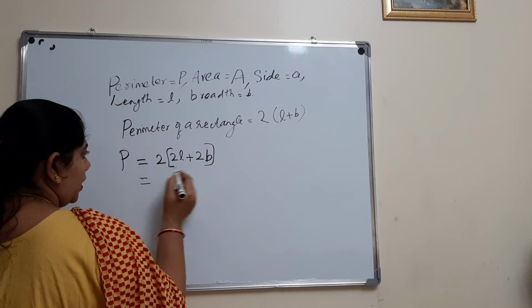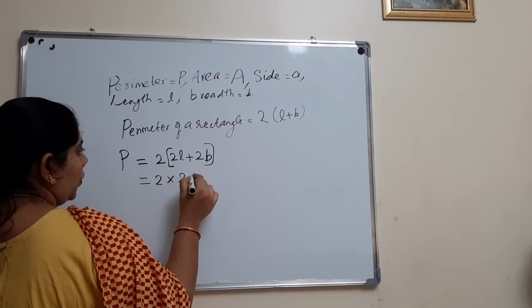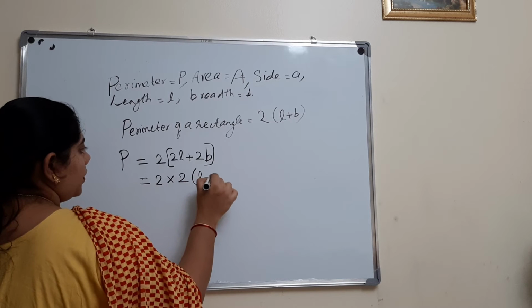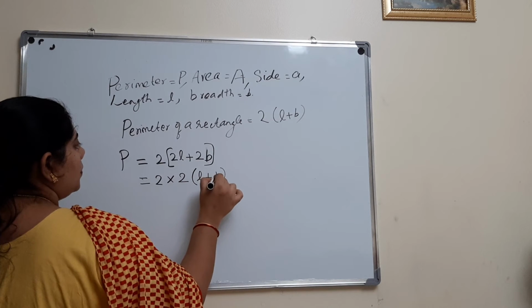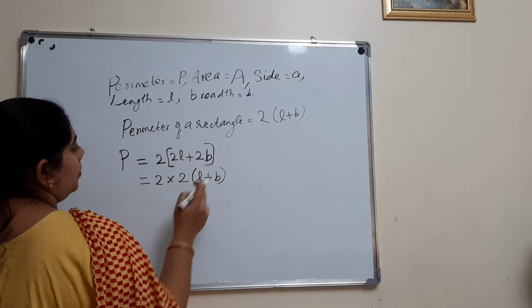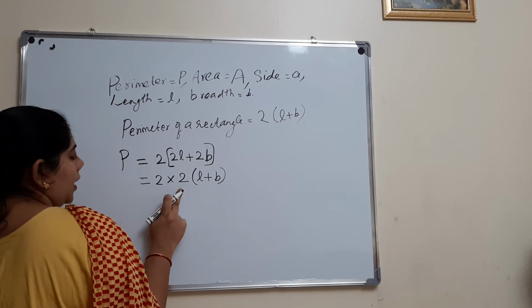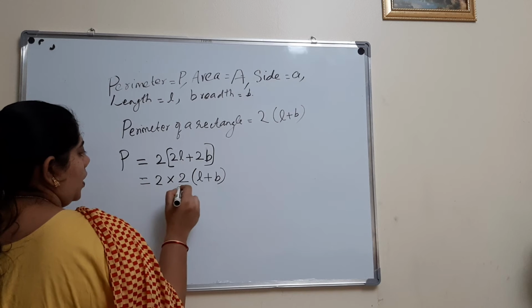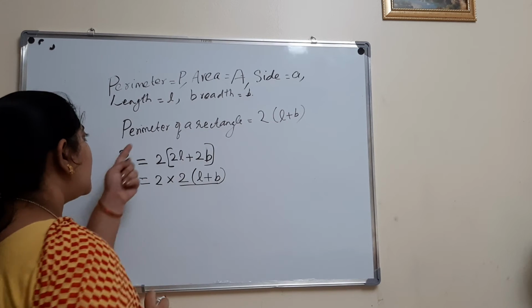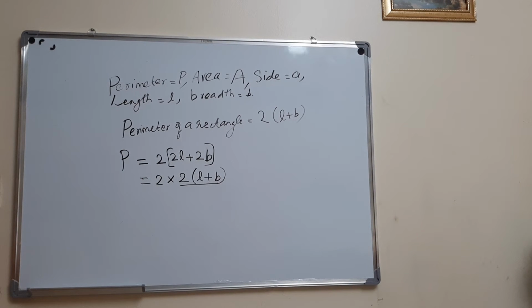So 2 is common in both, we can take 2 out: 2 into (L plus B), because 2L plus 2B. So 2 into (L plus B) is the perimeter of a rectangle with length L and breadth B.